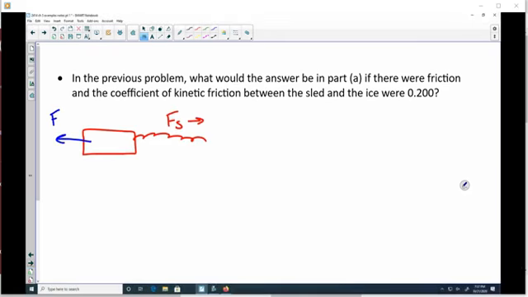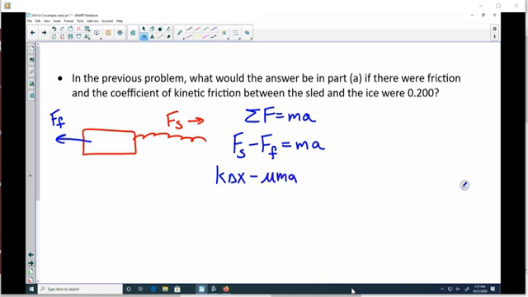So here again, now we have the spring, but we have the force of friction pulling backwards on it. We write the sum of the forces is equal to mass times acceleration, then the force of the spring minus the force of friction is equal to the mass times the acceleration. We know that the force of friction will be related to the normal force, or the weight of the object, and the contact between the surfaces.